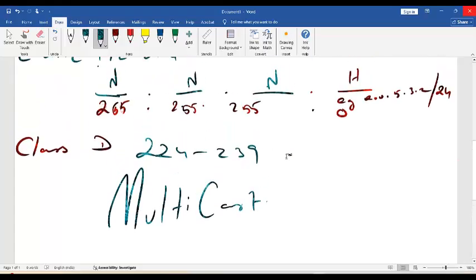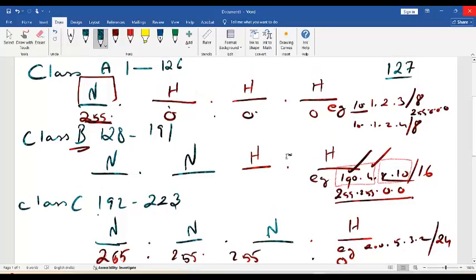Let's go back to our classes A, B, and C now. The unicast range addresses. I want you to keep these ranges in mind. 1 to 126, class A. It may sound easy to remember, but you have to remember for long so that when you see an address, you can get a clear picture about the network.